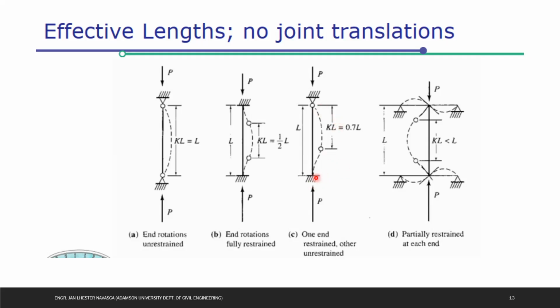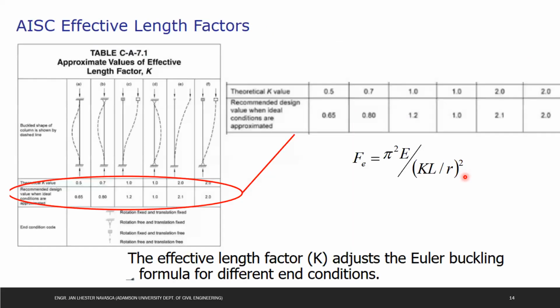Restrained at one end and pin at the other end, we have 0.7L. And what if we have partial restraint at each end? We have this one. We also have the AISC effective length factor, and the theoretical value is the same.